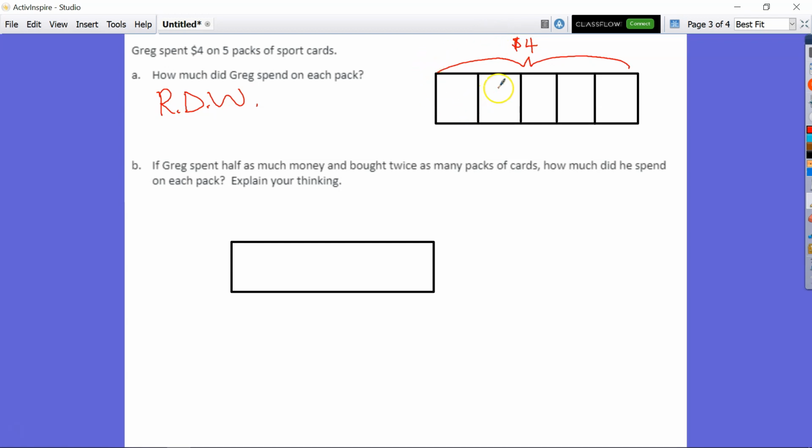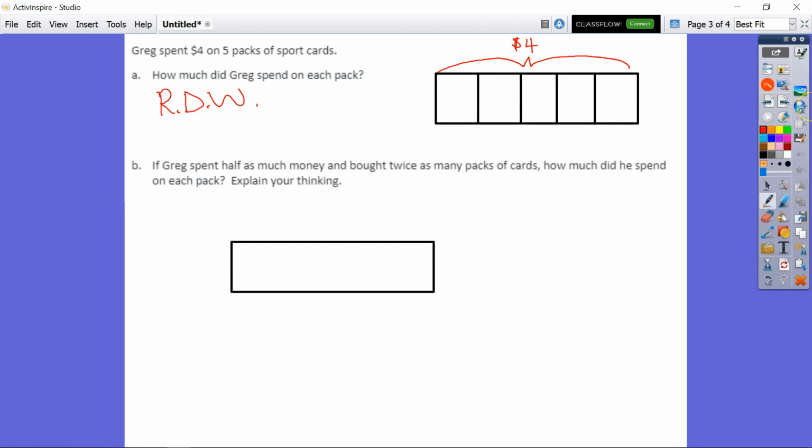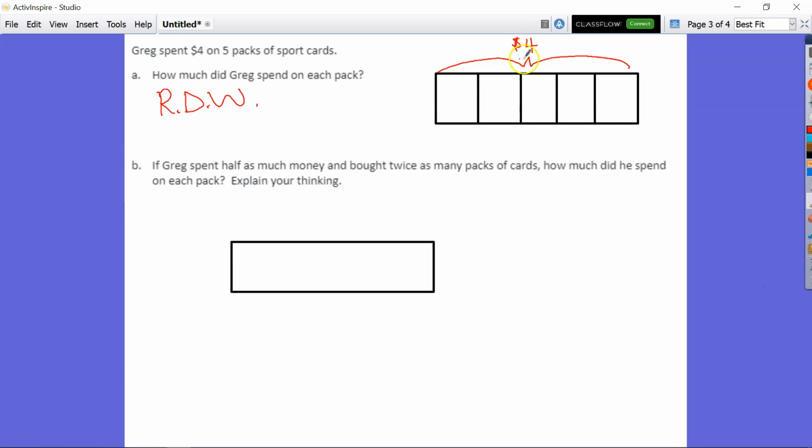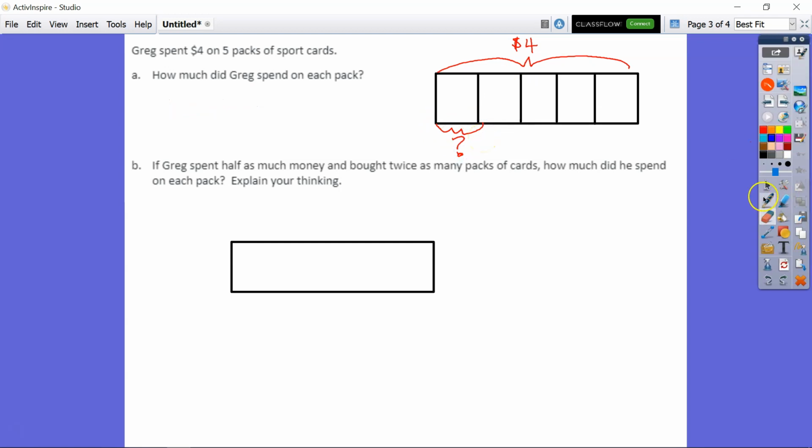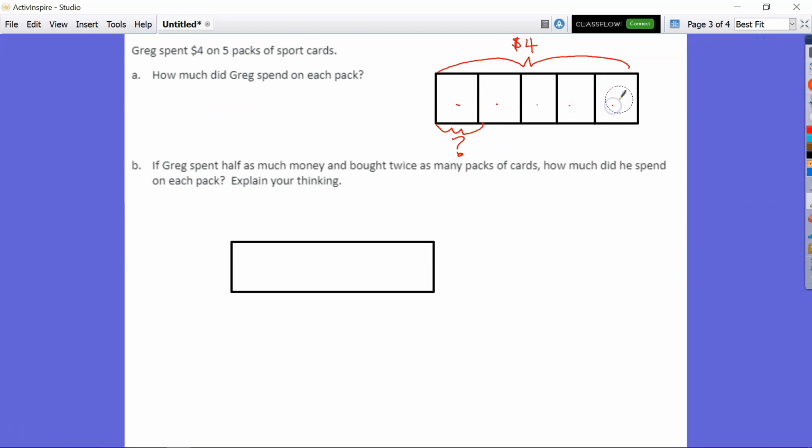Now what I want to do is say, well, if I know that $4 was paid for all of the cards, all 5 packs, we're trying to find out how much one pack costs. So we know that 1, 2, 3, 4, 5 packs, or 5, we'll just call them units here. 5 units equaled a total of $4.